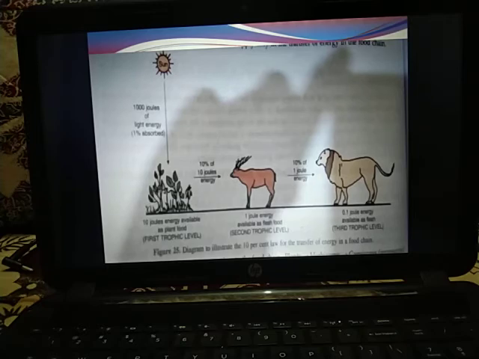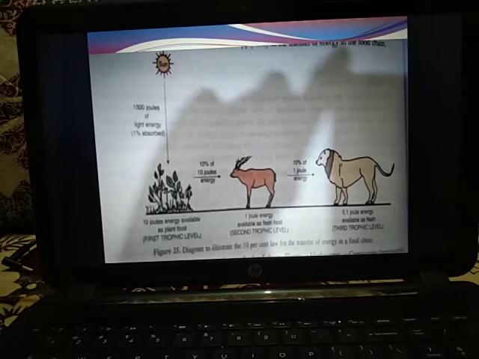The reason is that only 10% of the previous level is passed, so the amount of energy decreases from one trophic level to another. If the food chain becomes longer, then the available energy for the next organism will be very little or negligible, which will not support the animal, and the animal would have to eat more and more to meet its energy requirement.